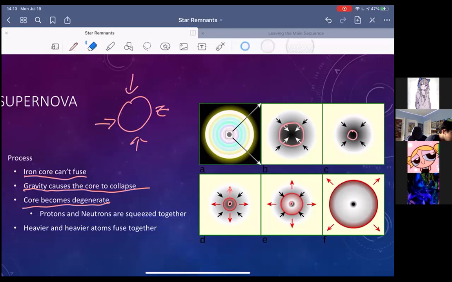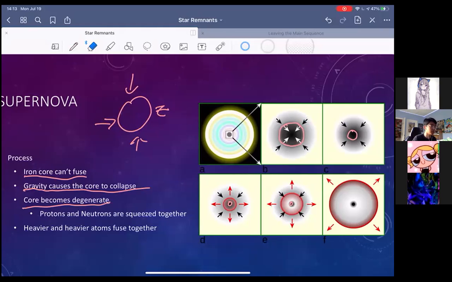What the red arrows show is that once that core overcomes the Chandrasekhar limit, it basically becomes like a solid ball, right? It becomes a solid ball of just particles. You no longer have individual atoms or anything, you just have neutrons and these protons and electrons, just these very fundamental particles all squished together.